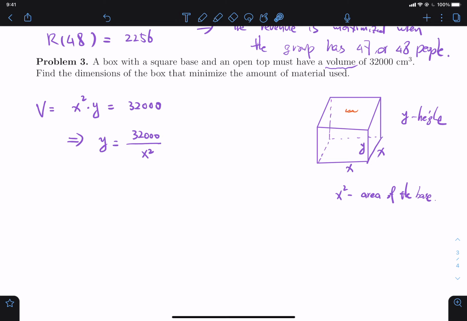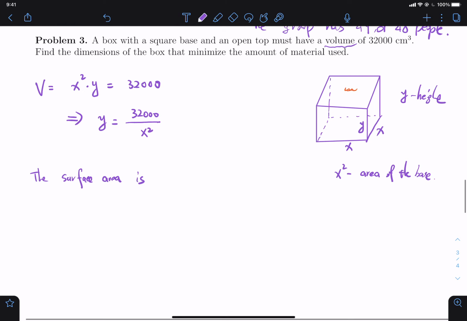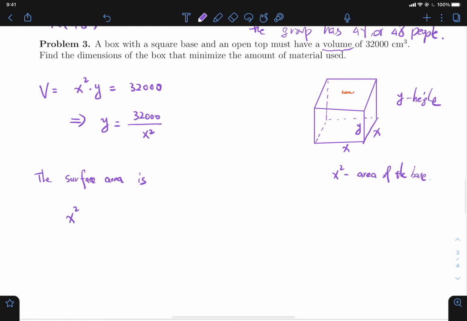And later on we will use this to substitute into the target function so that we can write the target function in terms of only x. So as I said, the surface area adds the area of the base, x squared, plus the 4 sides. The 4 sides is 4xy.